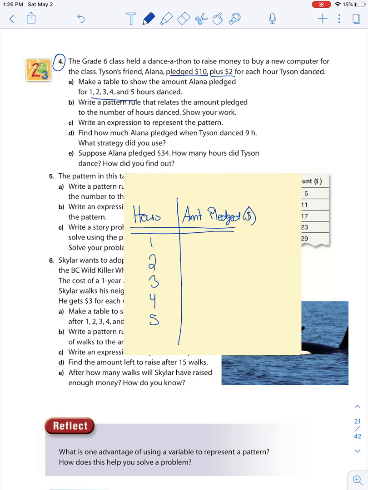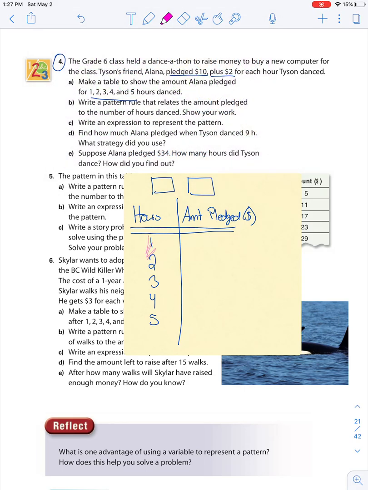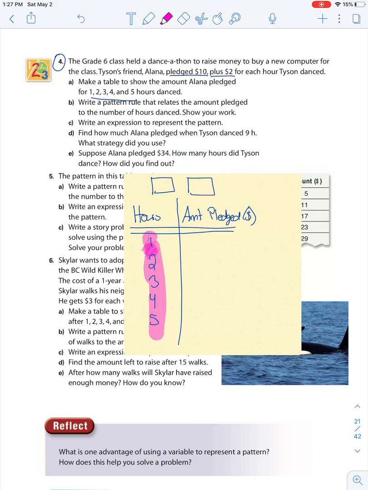And then up here, we're going to go right to our pattern rule. So we know that depending on how many hours they danced, that is going to be multiplied by 2.